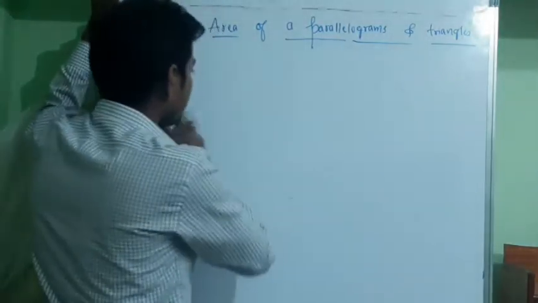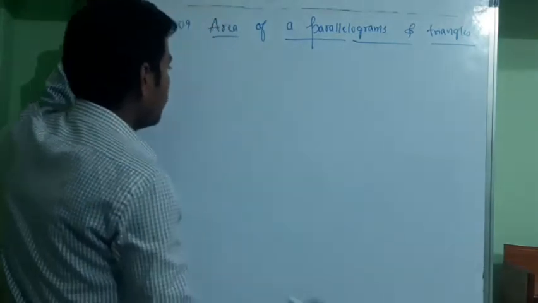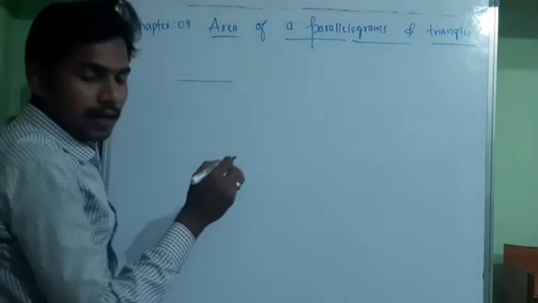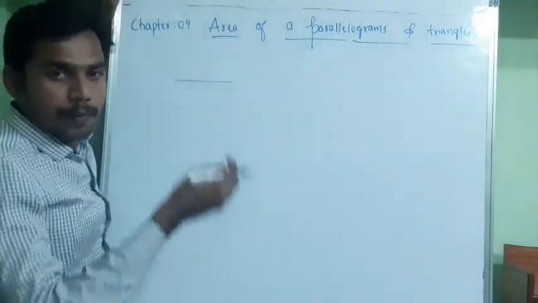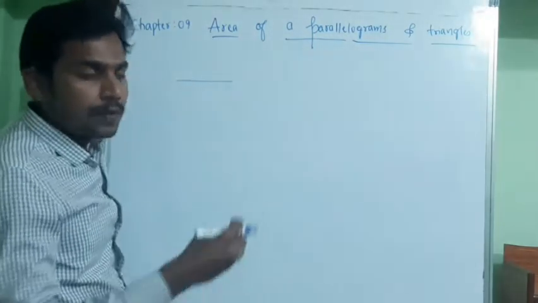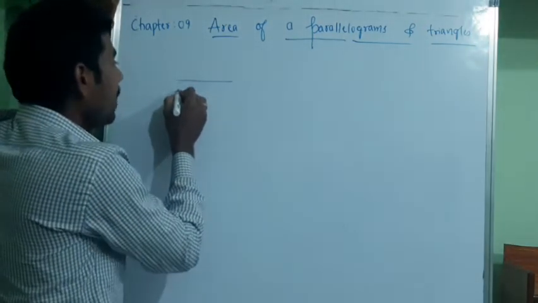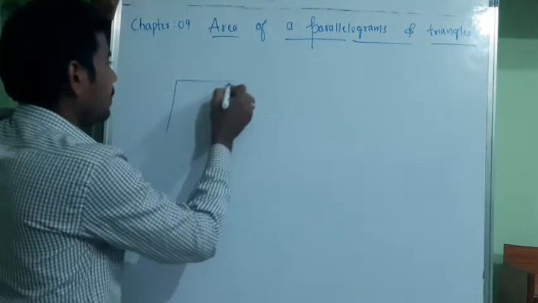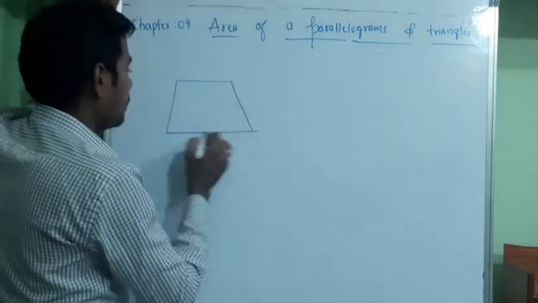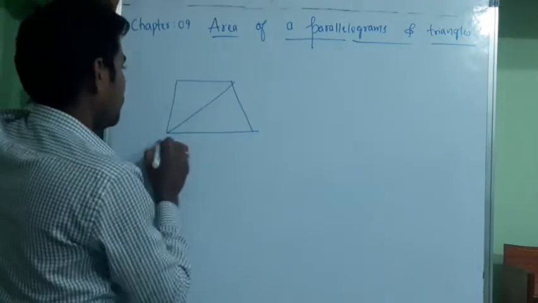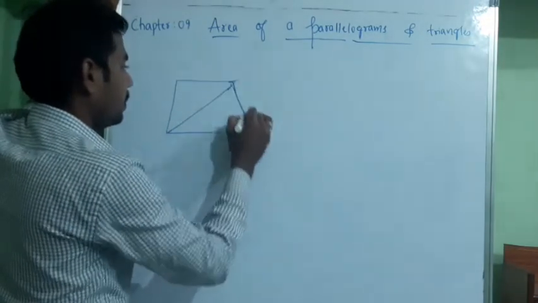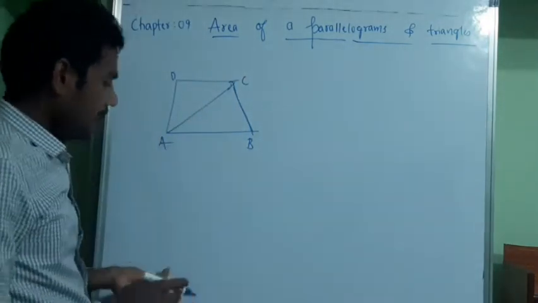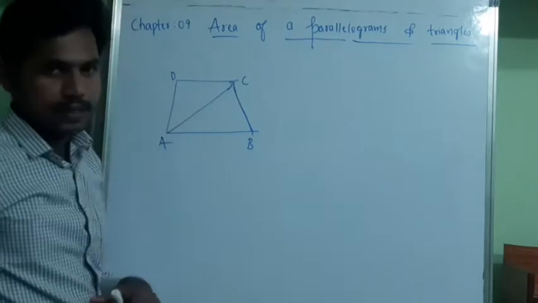The condition is that you are going to study the area of a triangle or a parallelogram which are between the same base and the same parallels. See, A, B, C, D. There are two things that you can see.